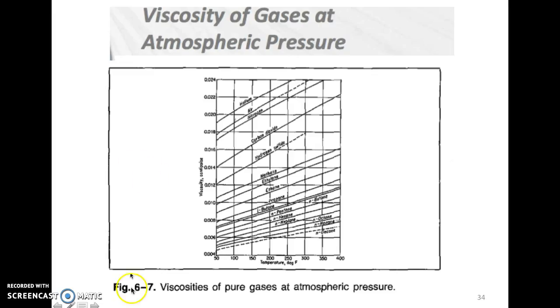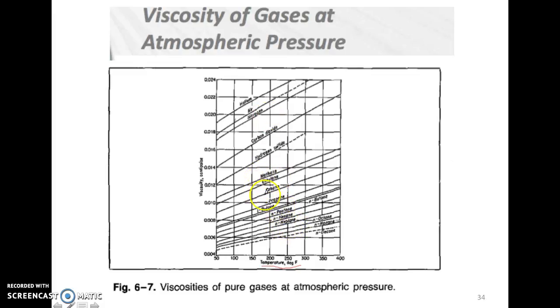Figure 6.7 shows the viscosity of gases at atmospheric pressure. So if you have the temperature, and depending on the type of gas that you have, let's say this is helium, air, nitrogen, and these are N-heptane, N-butane, and this is methane.